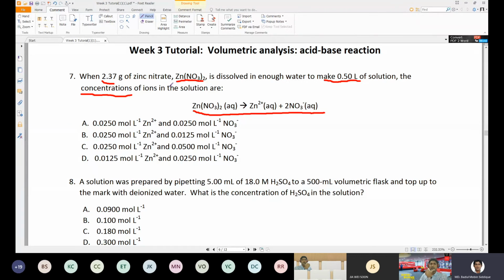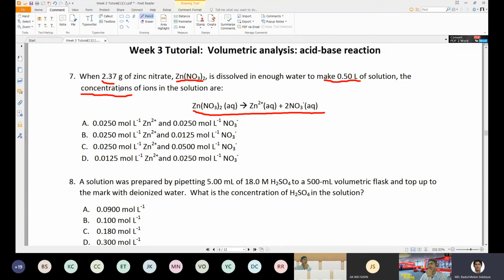So what do we do to find the concentration? We find it by knowing the number of moles divided by the volume, right?